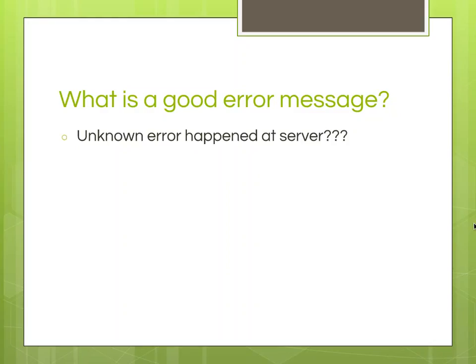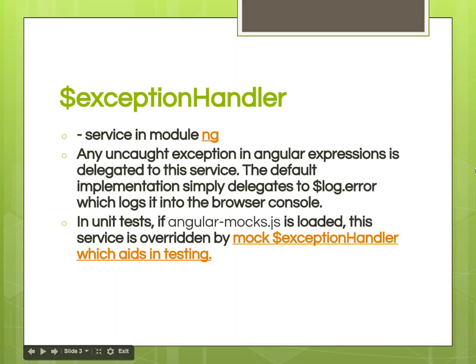But the message should be more meaningful. Now, how to make it more meaningful? We have the exception handler. It is given by Angular, so we can have this as a service, and what we can do is override the service to write our own handler.